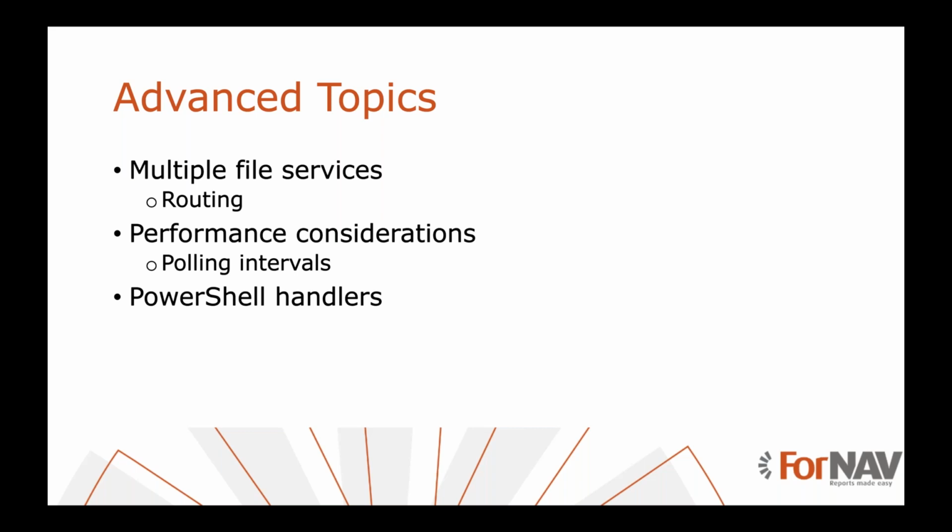One last thing I want to add is that now we have this infrastructure to do print and all this file stuff, we actually also have infrastructure in there to call PowerShell scripts on the local machines, either user PCs or machines running this service.